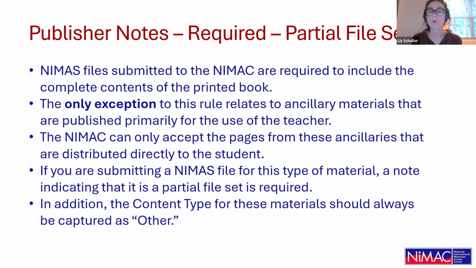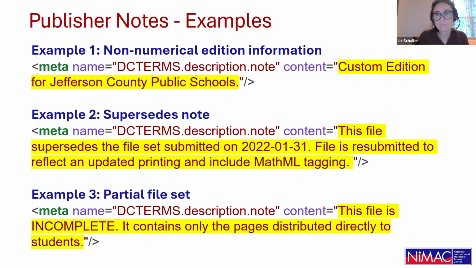So that is why we can only accept the pages from those ancillaries that are distributed directly to students. If you are submitting a NIMAS file for this type of material, a note indicating that it's a partial file set is required. And additionally, as I mentioned a few slides back, the content type for those materials should always be captured as other.